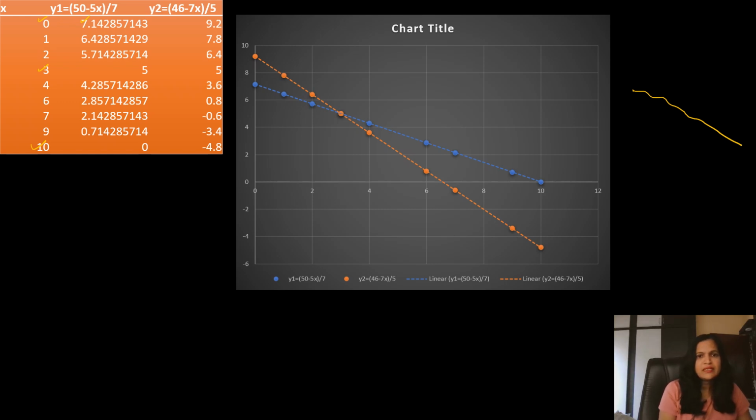When x equal to 0, you get the value 7.14, between 6 and 7. It is not an exact graph. So it is 7.14, and here it is marked as the first point.